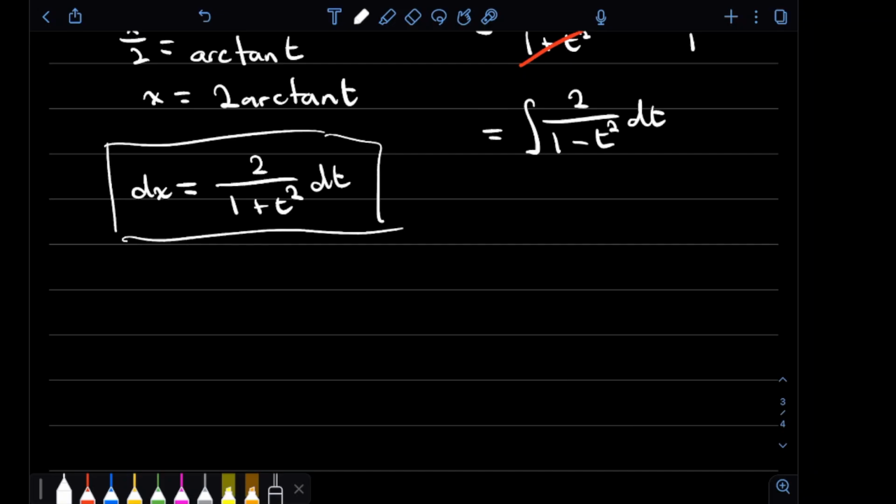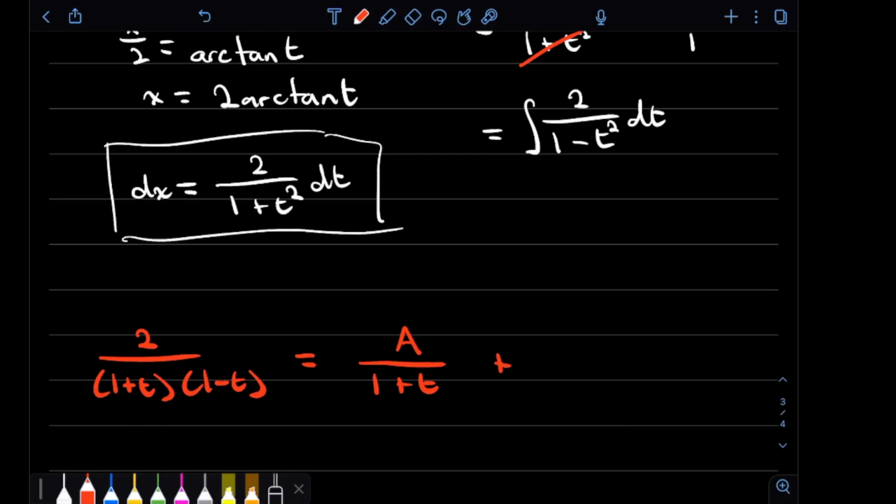To get started on that, I'm just going to write this in red down here. 2 over, and you know this difference of squares is going to turn into 1 plus t times 1 minus t. We want to split this into two new denominators: A over 1 plus t plus B over 1 minus t.